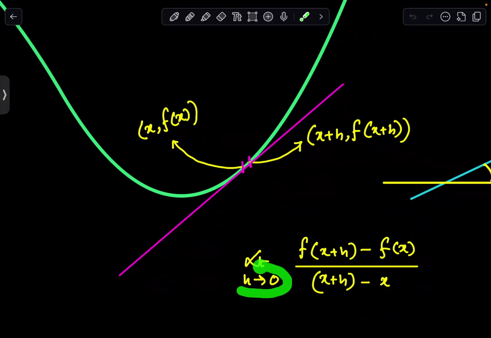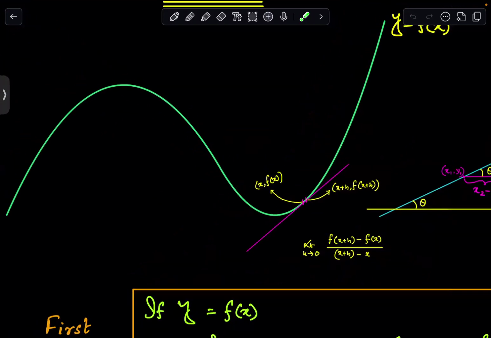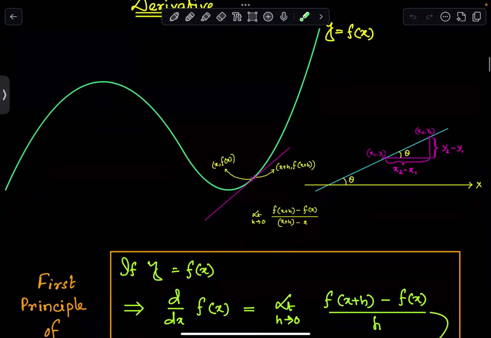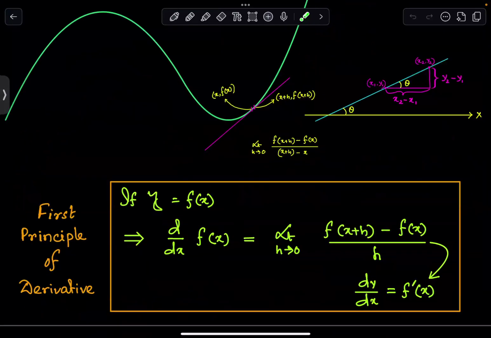To ensure that the span is very small, we have considered h approaching 0. With this idea, the representation we get is called the first principle of derivative.